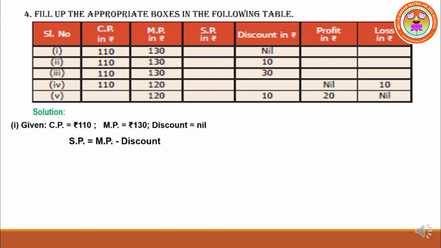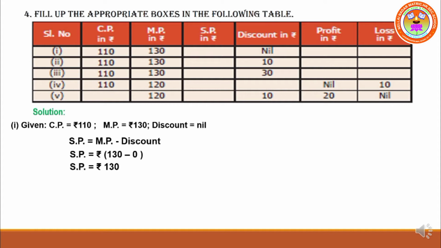I have to substitute the values of MP and discount. On substituting, I write 130 minus 0. So that becomes 130 rupees. That is the SP value.